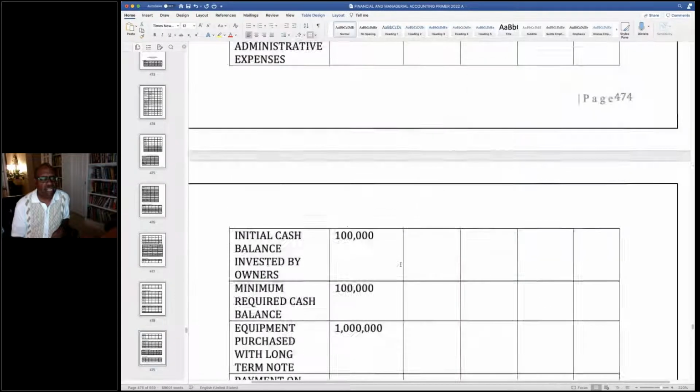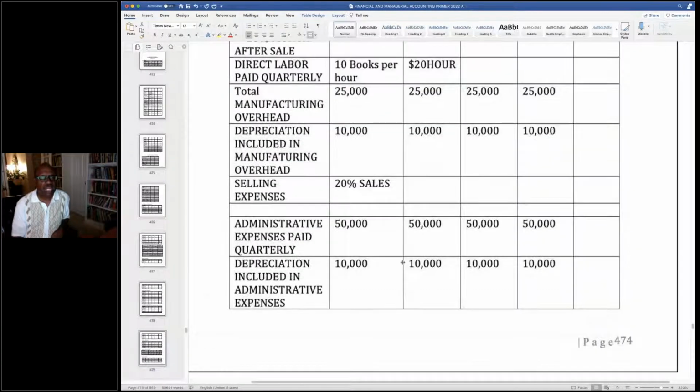Then you're going to go here and copy the depreciation, because remember your cash expense is only total minus depreciation, so you're not paying any cash for this. So you have to always make sure you're doing that budget, that it's not the total overhead. Same thing with administrative expense. It is the cash portion. So we're going to copy it.